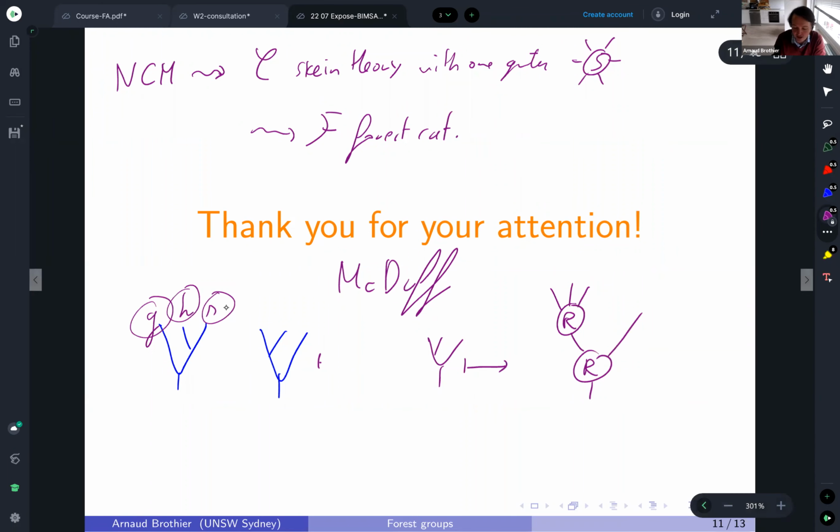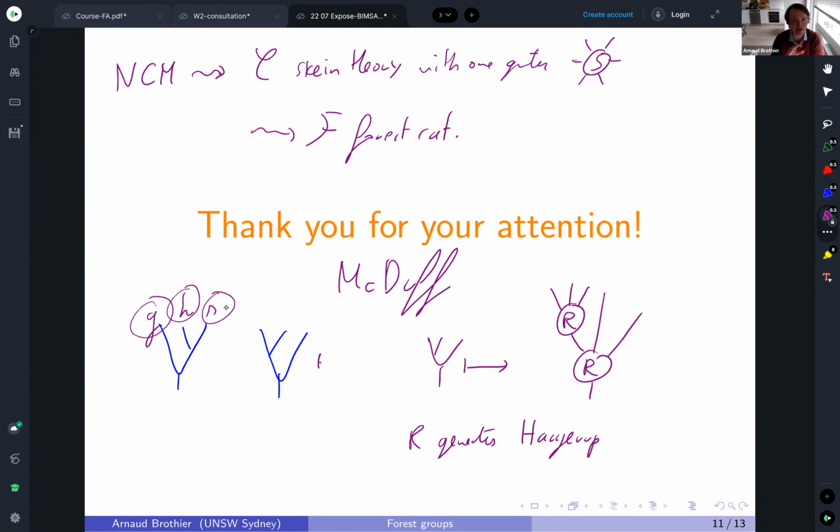Or perhaps I put a leg here to be sure I have a subfactor planar algebra. And maybe I put more legs, but let's pretend it's like that. You ask what happens if R generates the high group subfactor? Jones said the representation you will get from Thompson should carry interesting information. So that's a very vague statement.